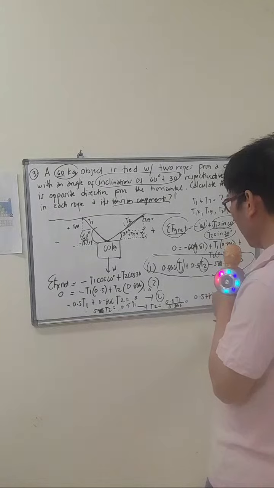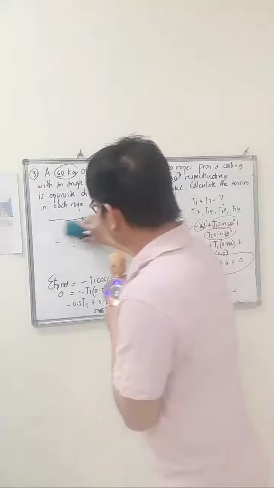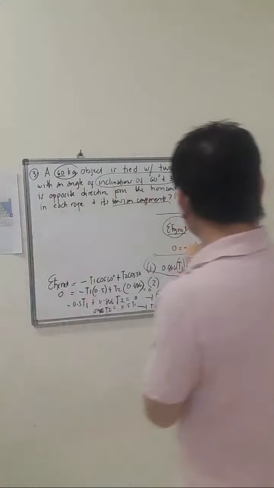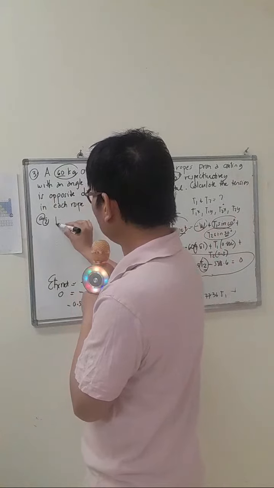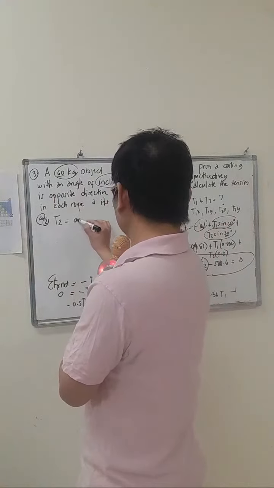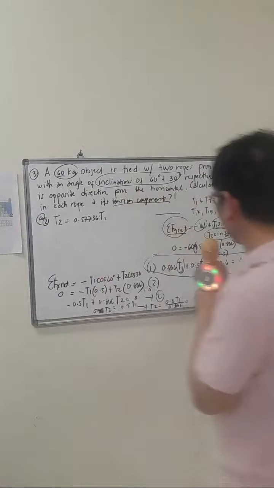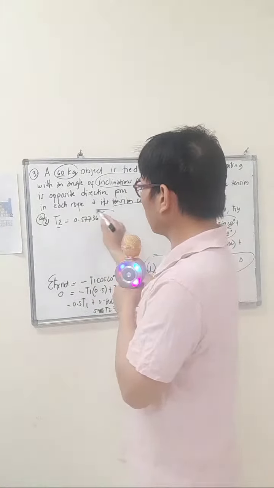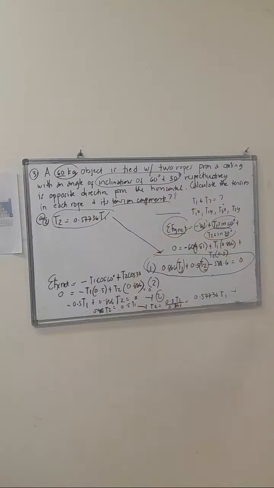I must erase the drawing because it consumes a lot of space on my magnetic whiteboard. So we write equation 2: T2 is equal to 0.57736 T1. Now we have equation 1 that also involves the variable T2. Then you can substitute this T2 into equation 1 so that you can solve for the values of T2 and later on T1.